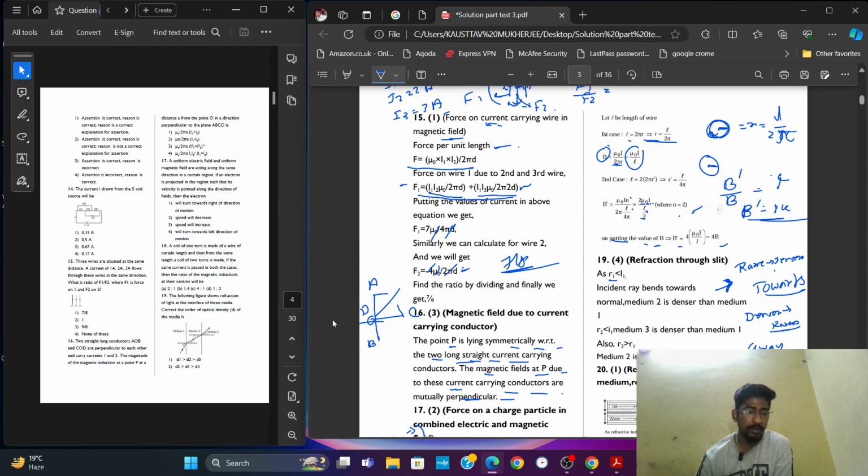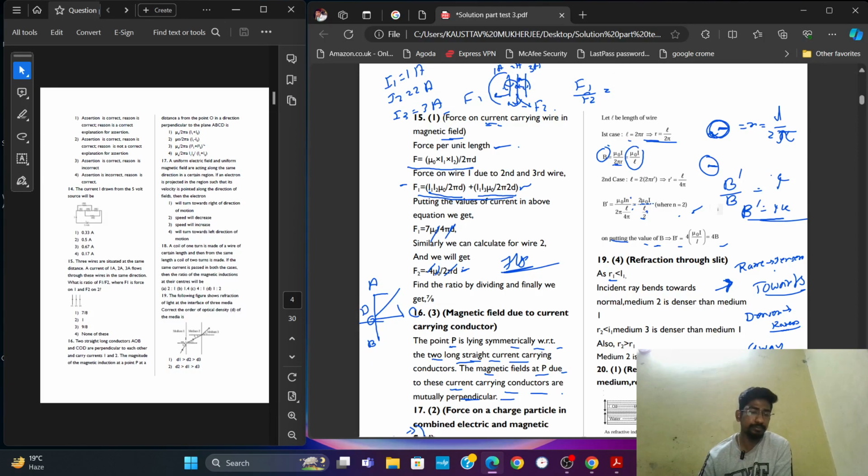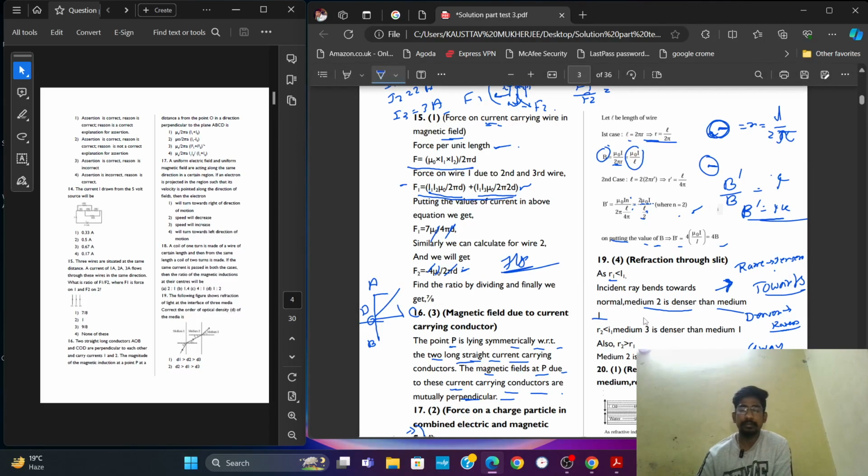As you can see in the figure, whenever the light ray is passing from medium 1 to medium 2, you can say that it is moving towards the normal. That means medium 1 is the rarer medium and medium 2 is a denser medium, right? And in the second case, the ray is also moving towards the normal.